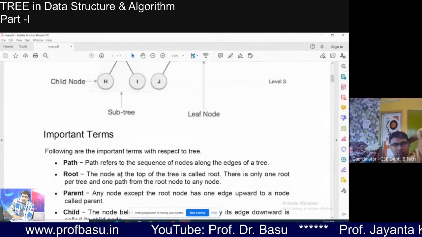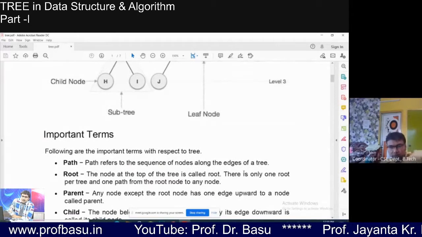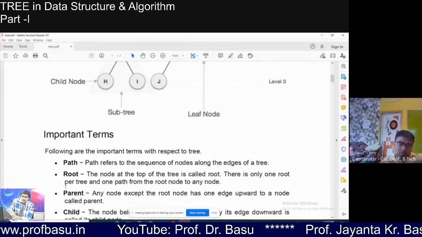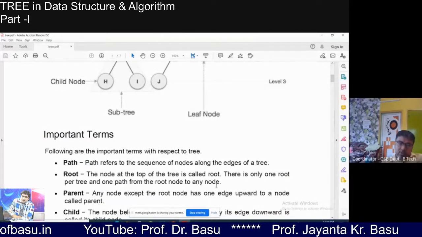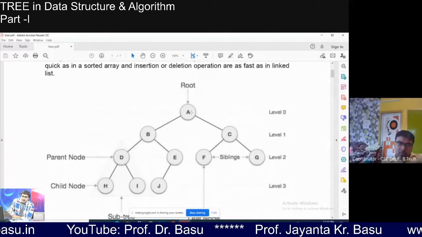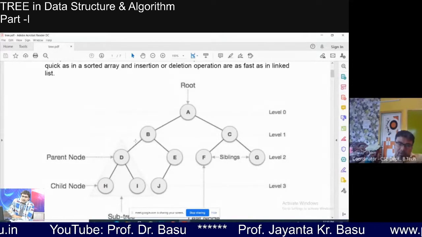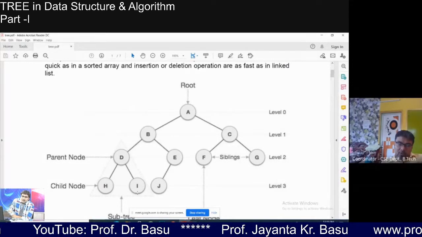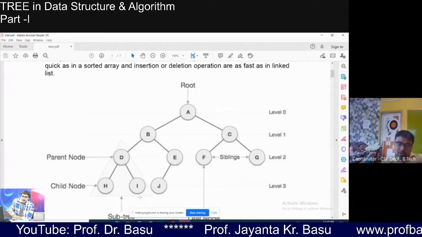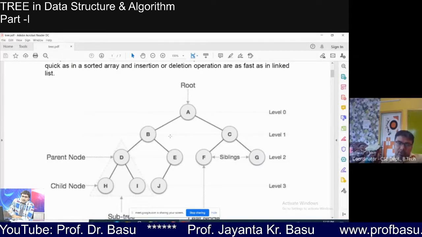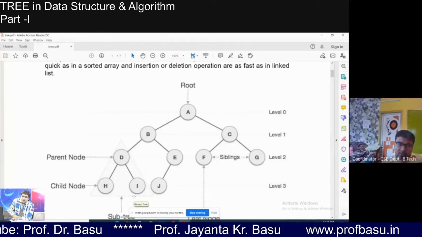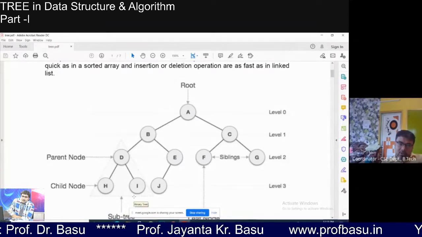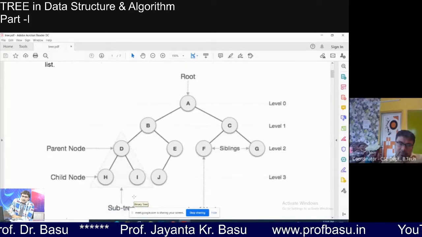Root: I told you the node at the top of the tree is called the root. There is only one root per tree and one path from the root node to any node. To reach any node from the root node, there must be one path because it is not a closed graph. It is open. That's why only one path will be there to reach any level from the root level.